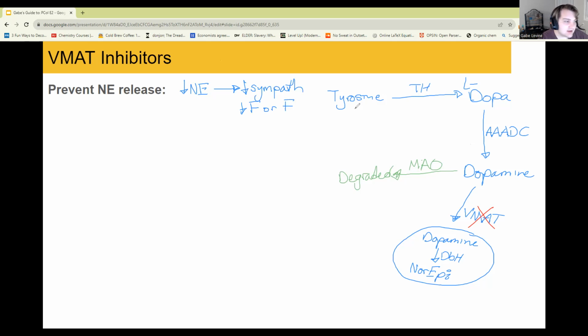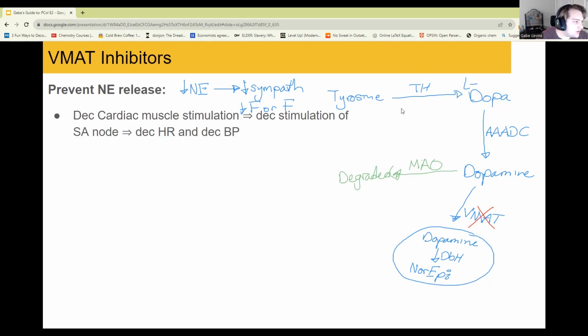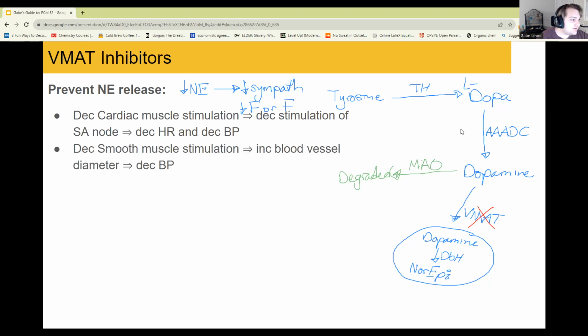So we're going to have less heart stimulation, which means we decrease the heart rate and decrease the blood pressure. We're going to have decreased contraction of the blood vessels, which means they increase in diameter, which decreases blood pressure. The overall effect is lower blood pressure.